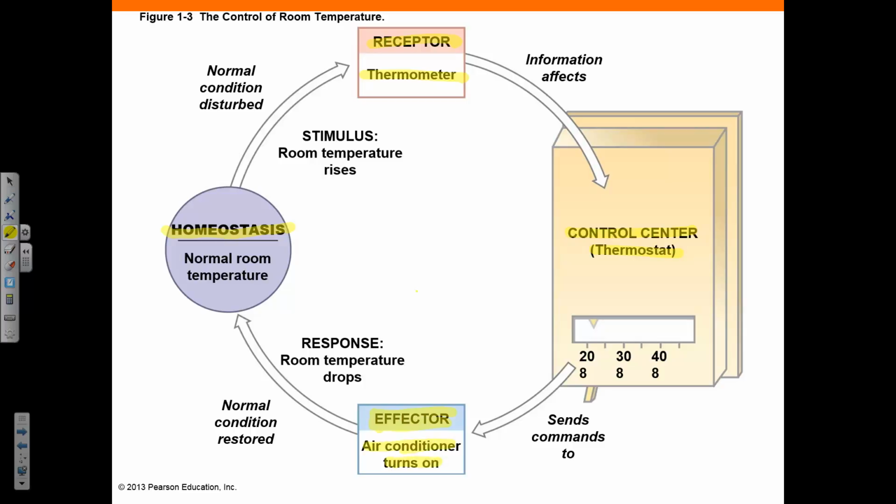As a result, the response will oppose the original stimulus of an increased temperature by utilizing an effector that will bring about a decrease in temperature to restore homeostasis, bringing the conditions back to normal. This is an example of what is known as a negative feedback loop.